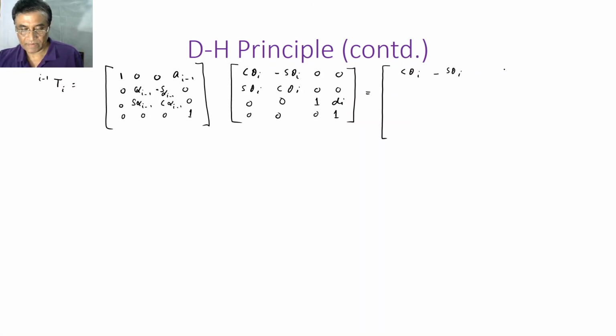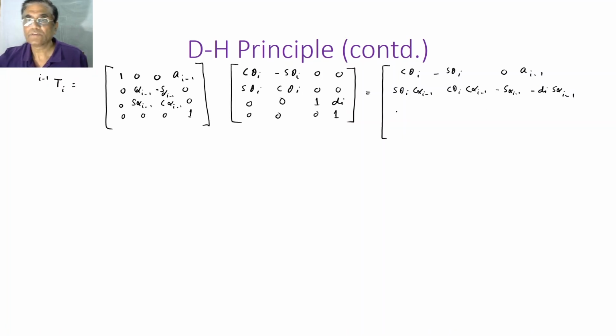The first row: cos theta i, minus sin theta i, 0, a(i-1). The second row: sin theta i cos alpha(i-1), cos theta i cos alpha(i-1), minus sin alpha(i-1), minus d i sin alpha(i-1). The third row: sin theta i sin alpha(i-1).